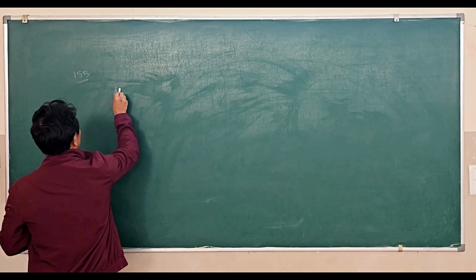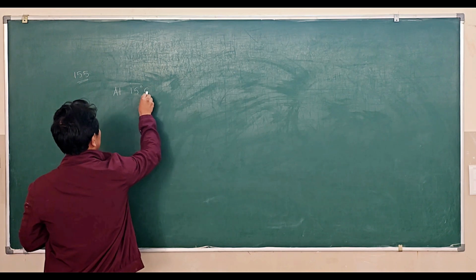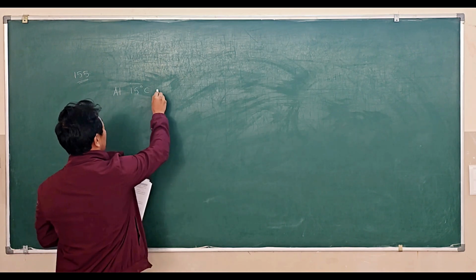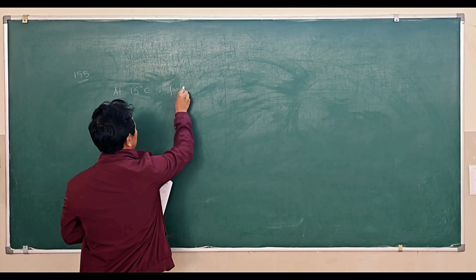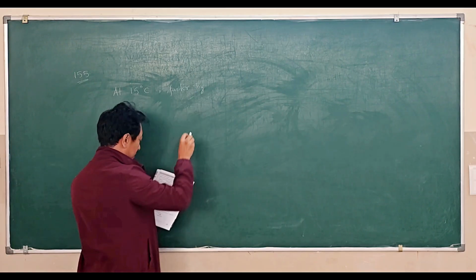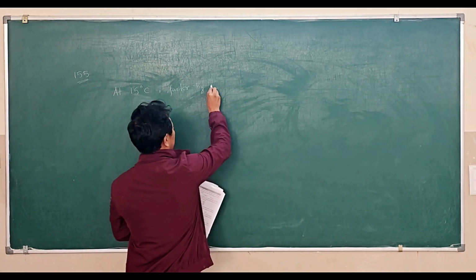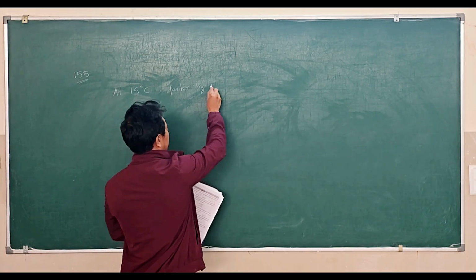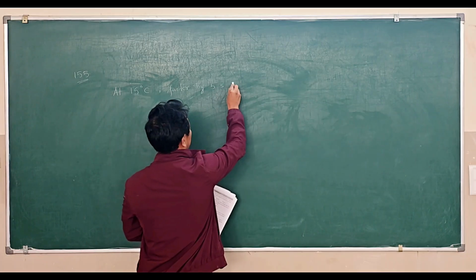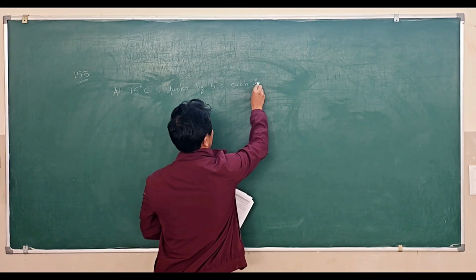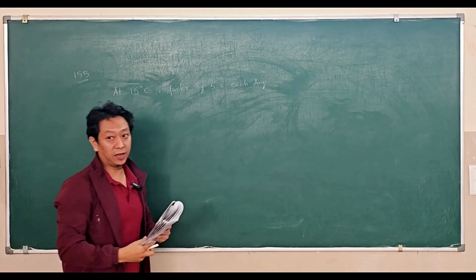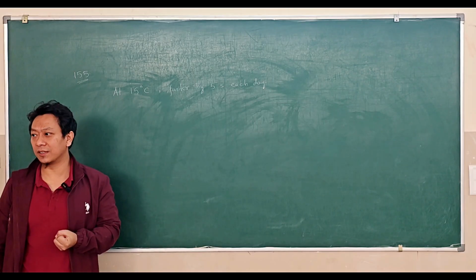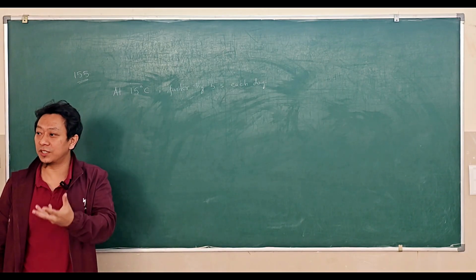So at 15 degrees Celsius, the clock runs faster by how much? 5 seconds per day. Matlab, in 1 day, it gains 5 seconds. Sir, how do you know it gains, not loses?